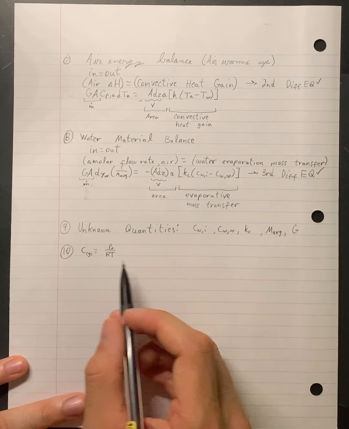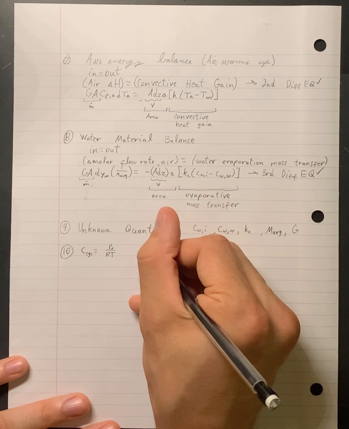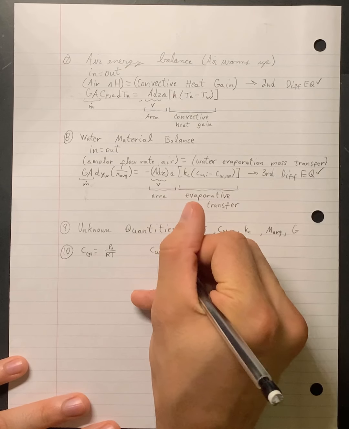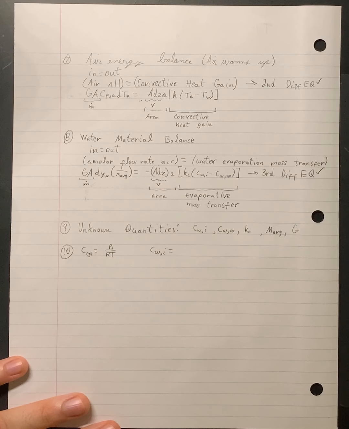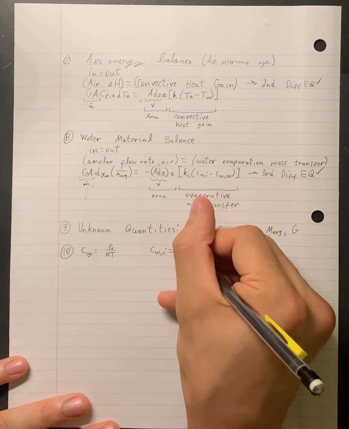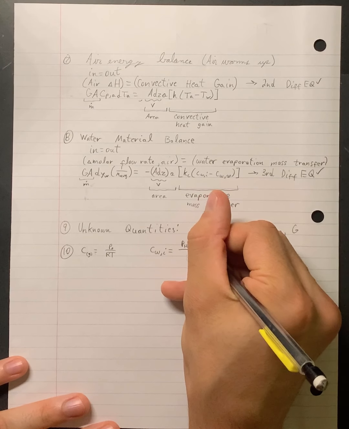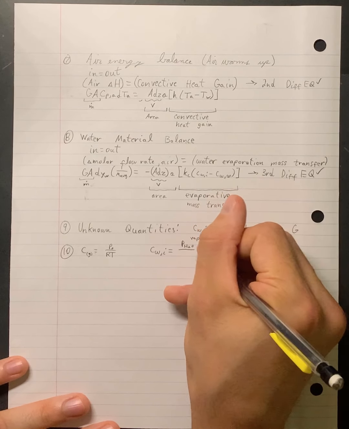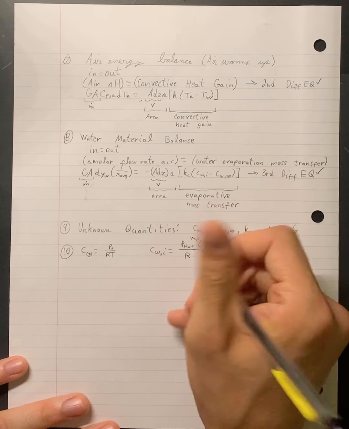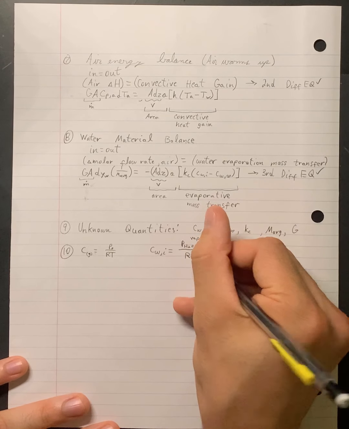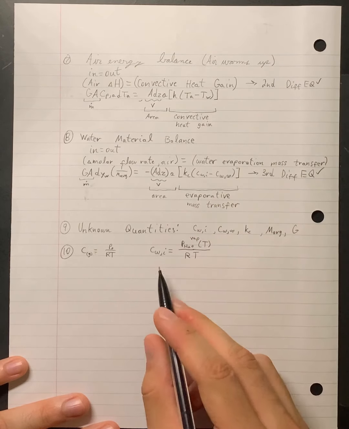So we're going to be using this to help us. Concentration of water at the interface really is just when that water is exactly about to evaporate. So that would be the vapor pressure of water at that temperature over the ideal gas constant times the temperature of that water. That's the concentration at the interface.